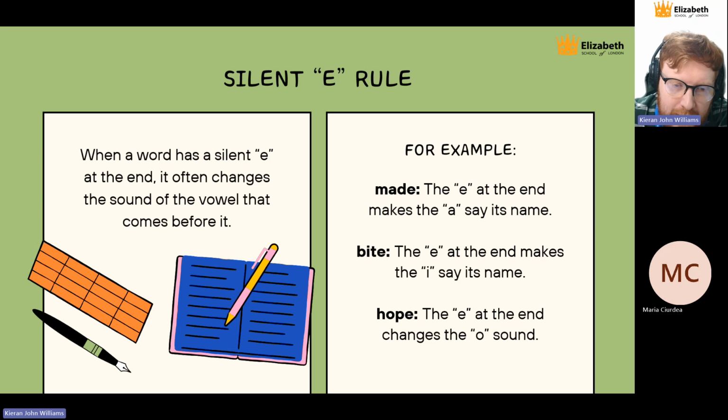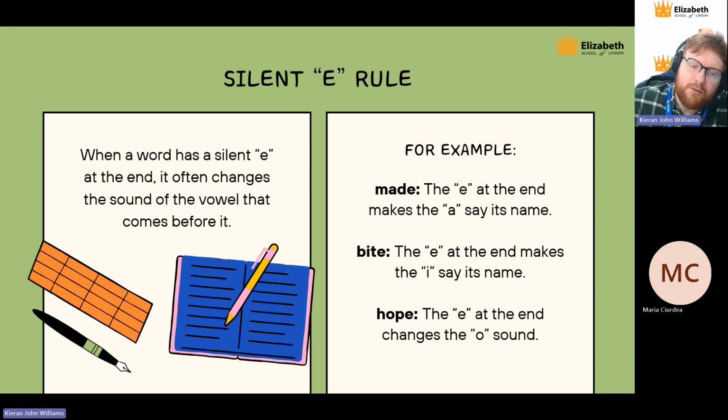But if we remove the E, we say it how? Hop. And if we add the E, it is? Hope. Very good. So again, if we know that it makes a longer sound, then we know that it needs an E at the end of it.